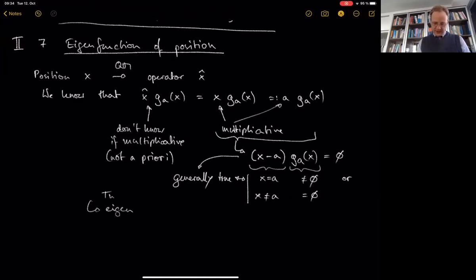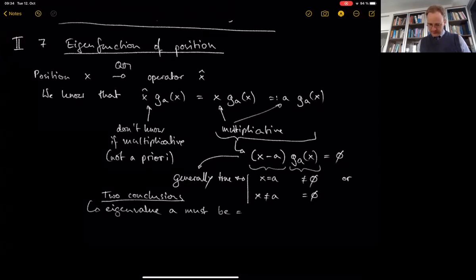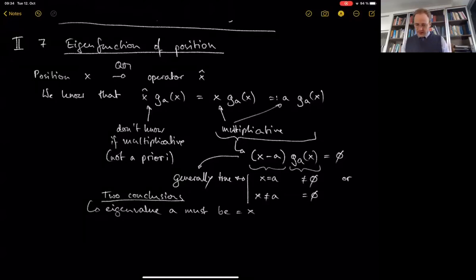So 2 conclusions, rather. This latter case is the trivial solution, which is without interest.